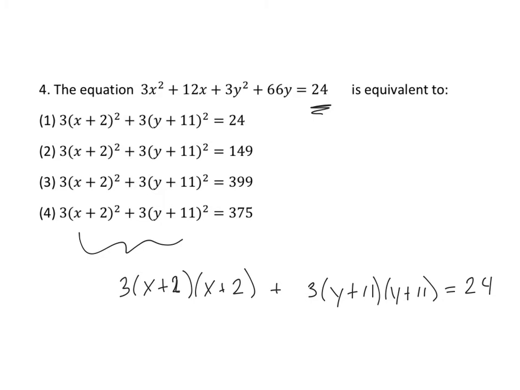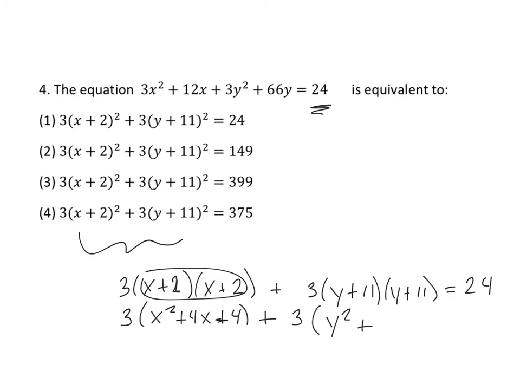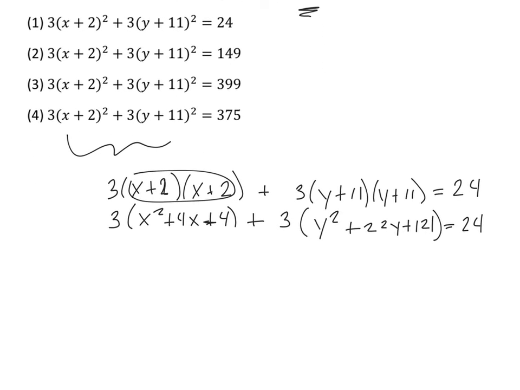So what you're going to do is box method this inside piece. You would get x squared plus 4x plus 4 if you box method that, plus 3y squared plus 22y plus 121 equals 24. Now, you would do box method to get that result.